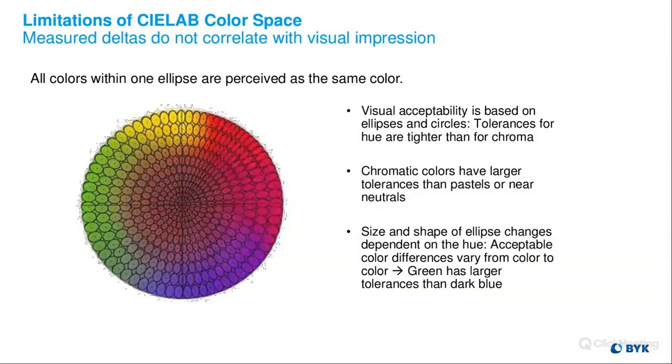Yeah, one thing we see a lot, especially for solids, is people always say if it's over 1, it's out of spec. But if I say it's over 1, it's out of spec, now you have to tell me more information. Am I using Delta E star? Am I using Delta E94? Am I using Delta E2000? Because that changes what that 1 means.